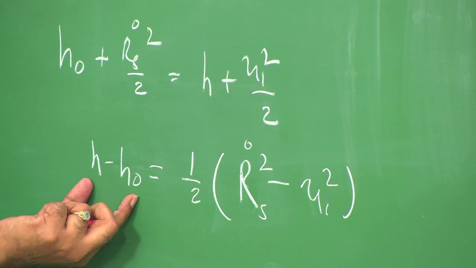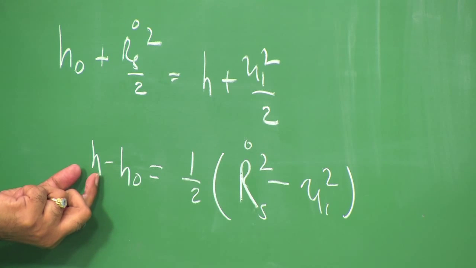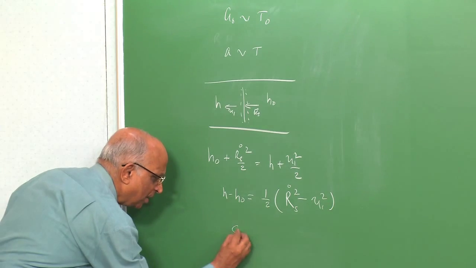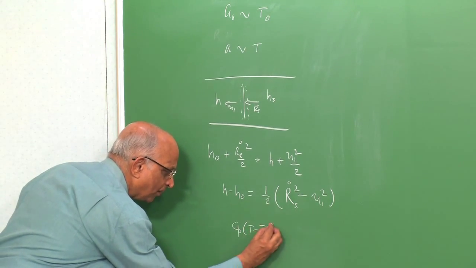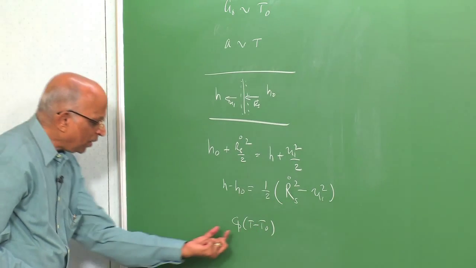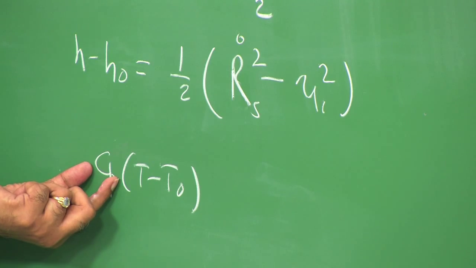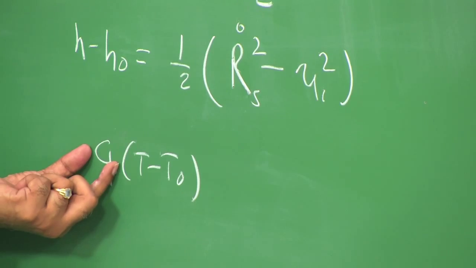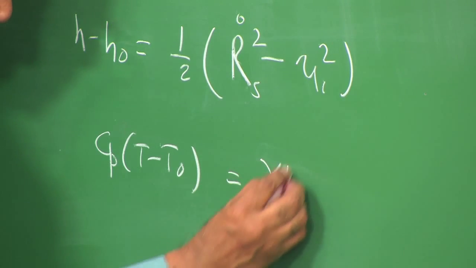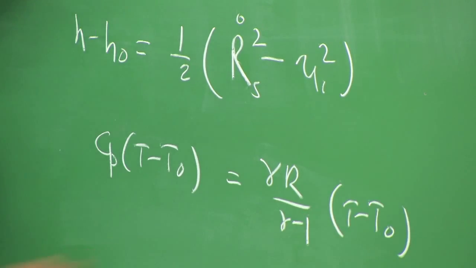Let us remember that we are doing this problem only for a perfect gas, because for a perfect gas dh by dT is equal to Cp, and therefore this becomes Cp into T minus T0, the change in enthalpy, which is equal to the change in kinetic energy. And what is Cp? You will remember we said Cp minus Cv is the specific gas constant R. Therefore Cp we got as gamma R divided by gamma minus 1. Please recall this: gamma R divided by gamma minus 1 into T minus T0.